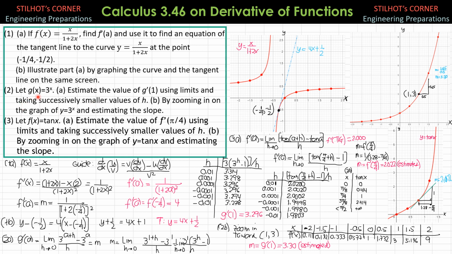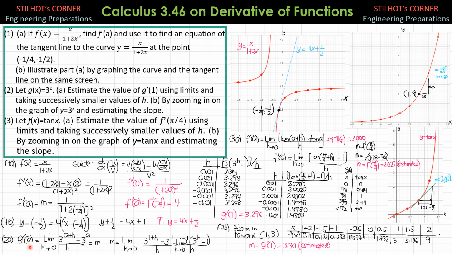Let g of x be 3 to the x. Estimate the value of g prime at 1 using limits, not by derivatives, and taking successively smaller values of h by zooming in on the graph of 3 to the x and estimating the slope. So 2a rather.